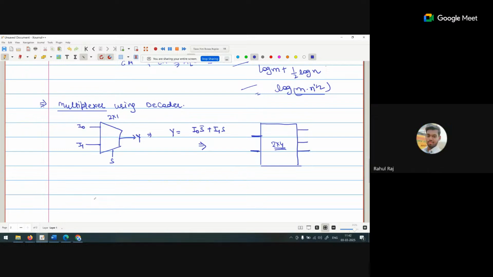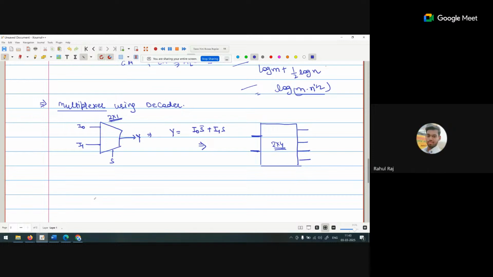And sir, for a 2 to 1 mux, there should be 4 inputs and 2 select lines? No, that is a 4 cross 1 mux. In the 4 cross 1, they are using 4 inputs and 2 select lines.